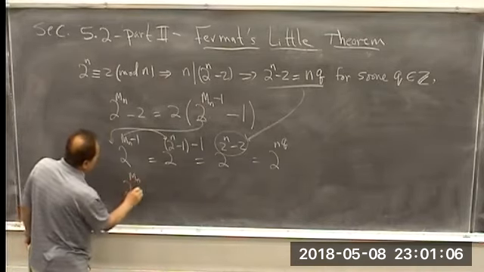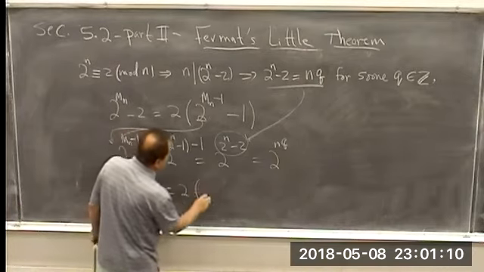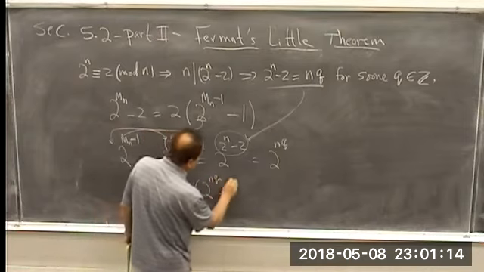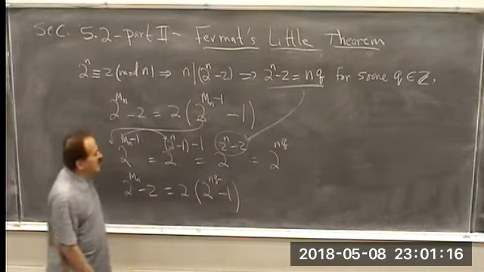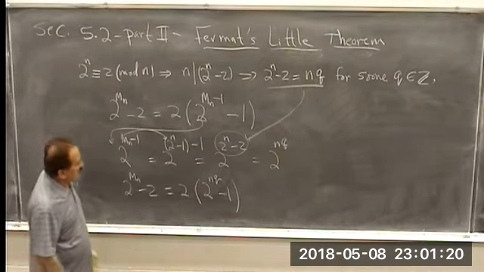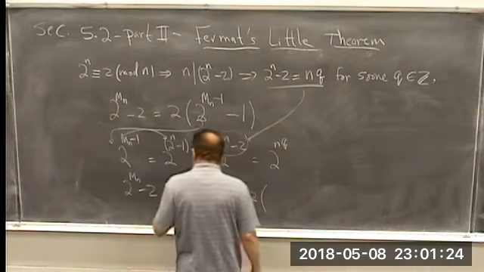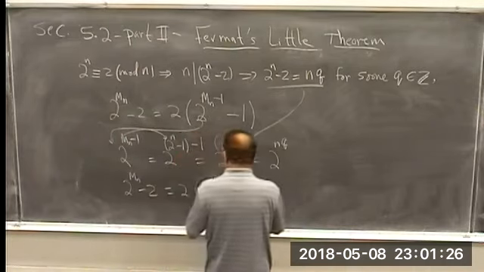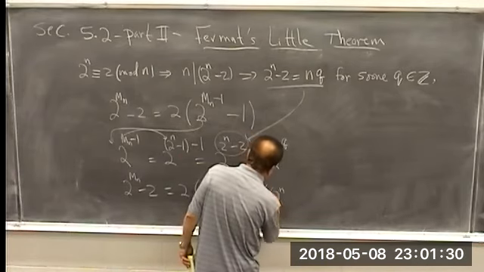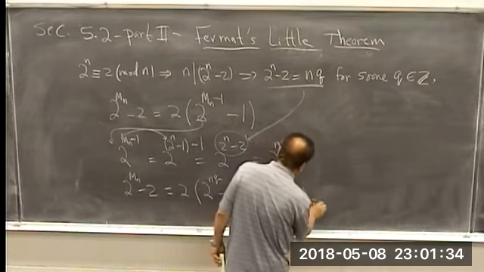And now we're going to go back to this: 2 to the m sub n minus 2 is equal to 2 times (2 to the n q minus 1). And again, I want to use the expansion x^n minus 1 on this one. So I want to write this as 2 to the n to the power q minus 1. And let's expand.